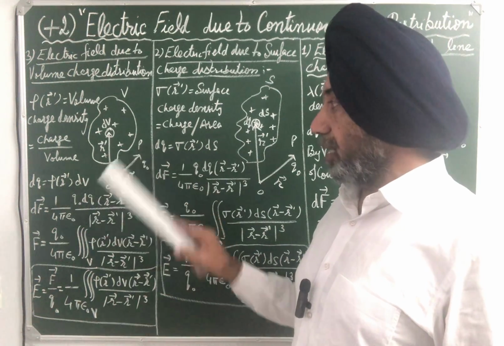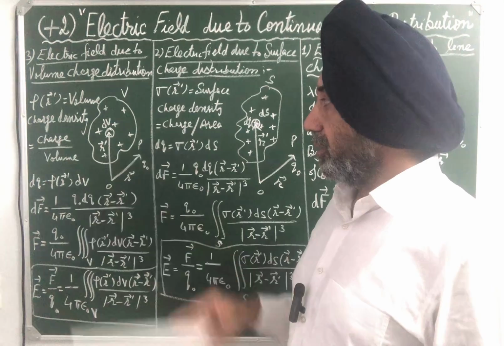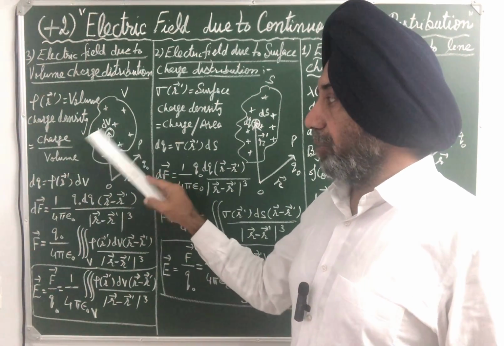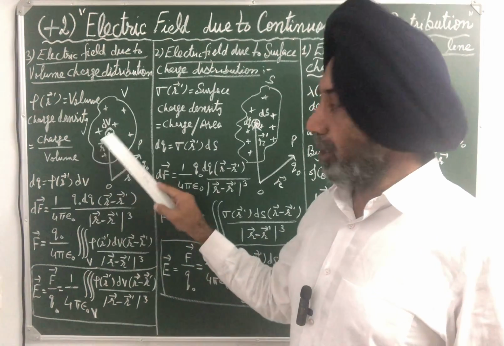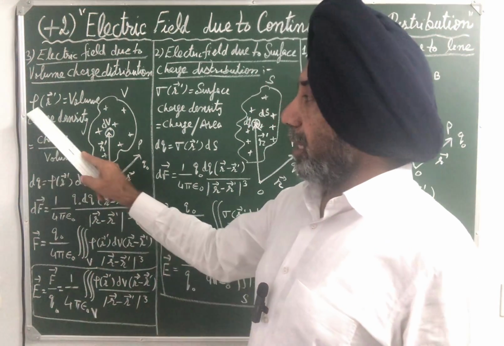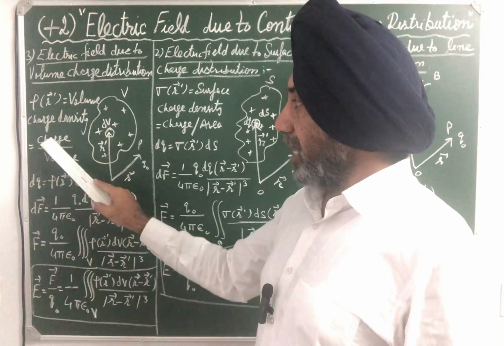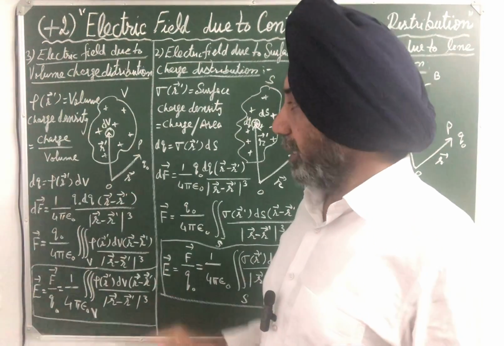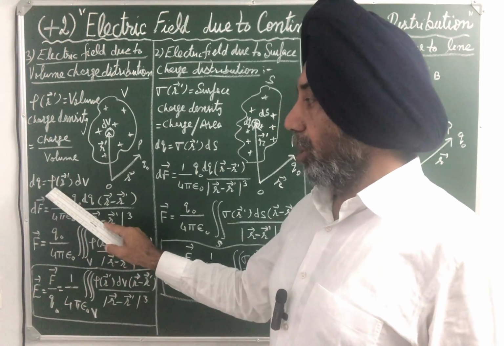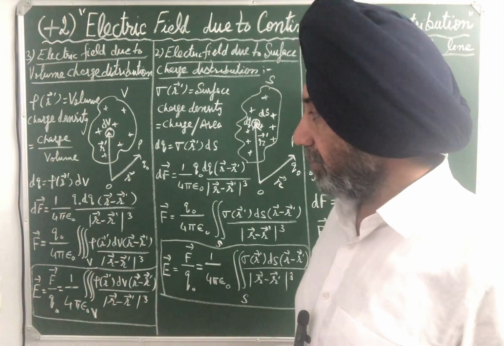Let q naught be a test charge placed at P. Let r vector be the location of point P, and let a small volume element of volume dV having charge dq be at location r dash vector. Let rho r dash be the volume charge density, that is, charge per unit volume. Then the small amount of charge on volume dV is given by dq is equal to rho r dash, the volume charge density, into the volume of the element.